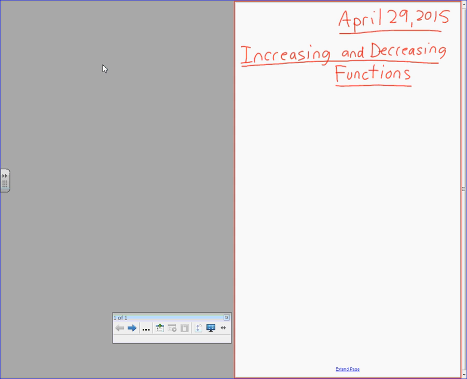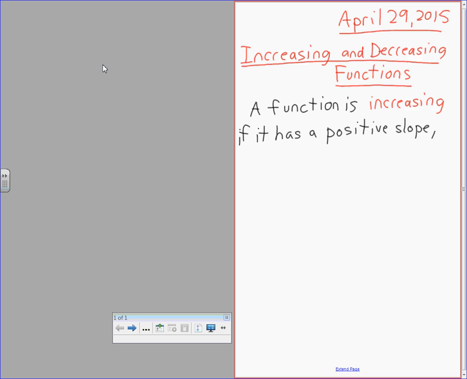We're going to say a function is increasing if it has positive slope, or f prime of x is greater than 0.